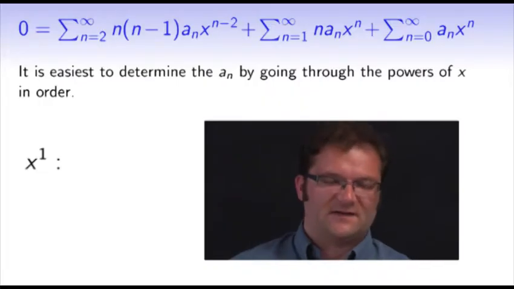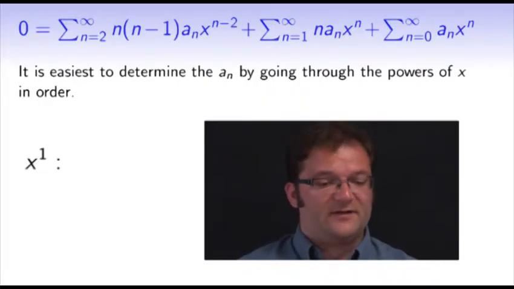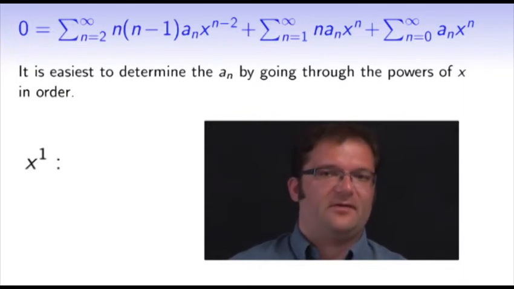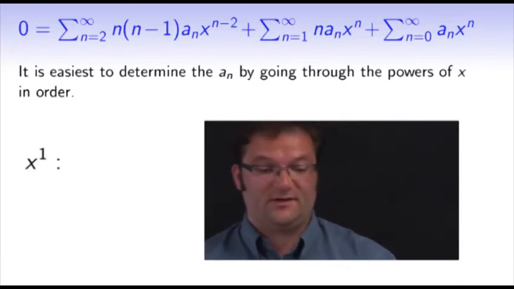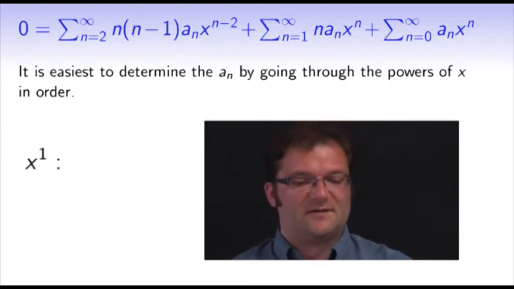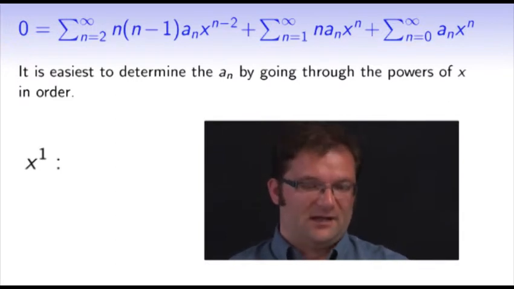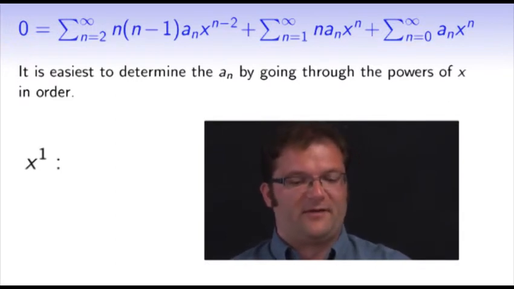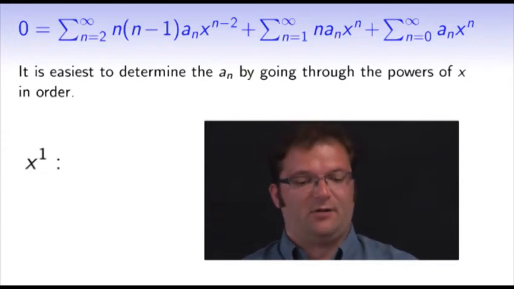Let's take a look at the linear terms. So powers of x, x to the 1. Again, start with the sum on the left. If we set n equal to 3, then x to the 3 minus 2 gives us an x to the 1. So we get 3 times 2 times a3 x to the 1 from this term. Now the sum in the middle also contributes, namely with n equal to 1, 1 times a1.